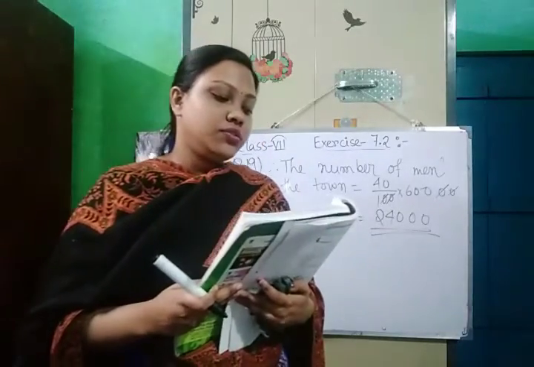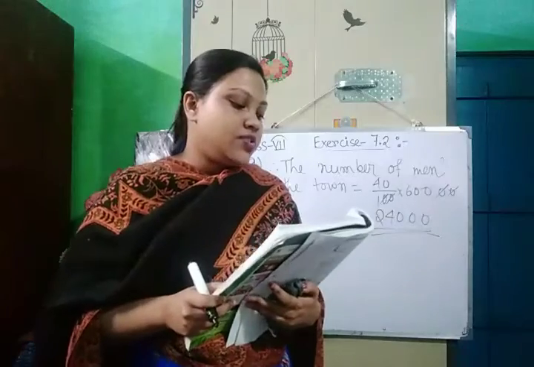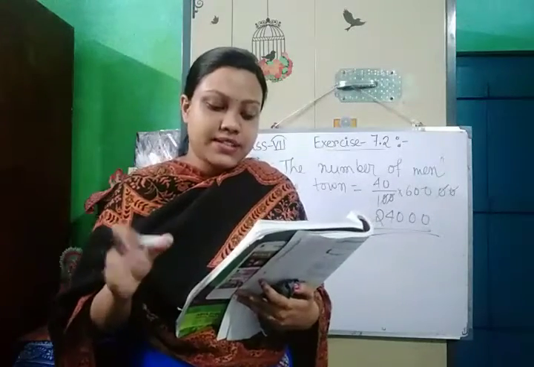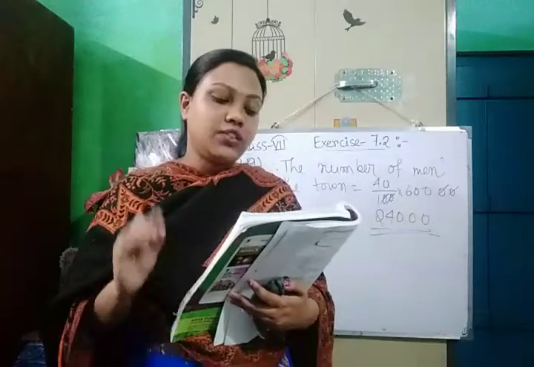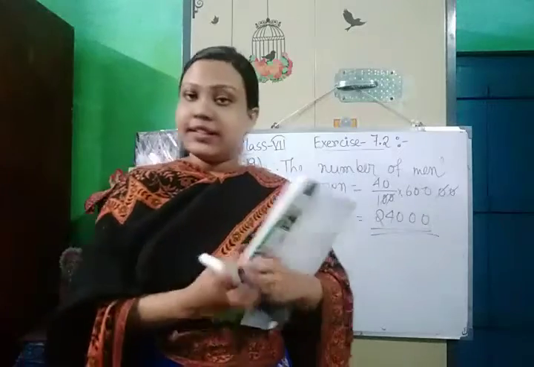Now we will do question number 21's Roman 1. Find the number which when increased by 30% becomes 39. So we have to find a number which when increased by 30% becomes 39.